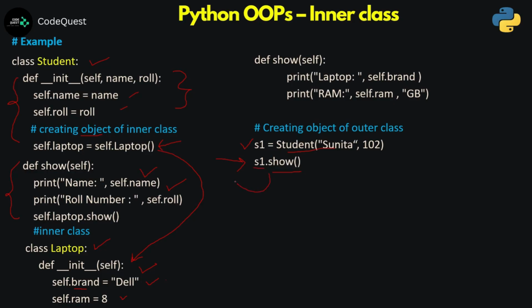So now when I reach the show method of the outer class, I am printing the value of the name which I have set here and printing the value of the role. Okay, there's a spelling mistake, it should be self dot role, and this particular line is calling the show method of which class? The inner class.